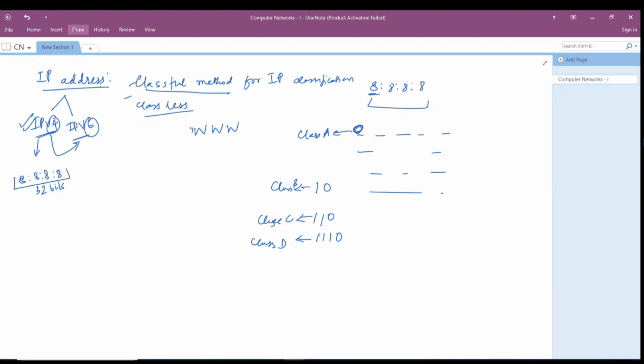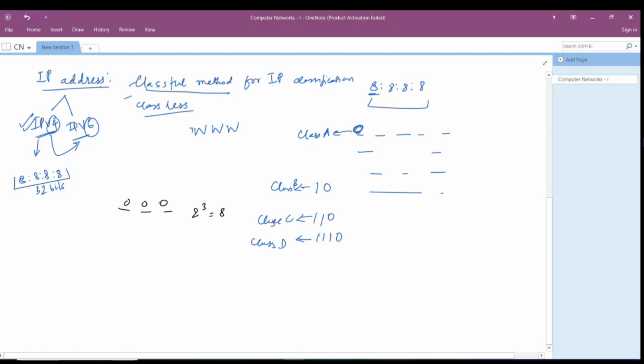Now, how did we come across this particular pattern: 0, 10, 110, 11110? Think about how the binary system works. If I say there are 3 bits, how many numbers can you represent? It is 2 to the power 3, which is 8.